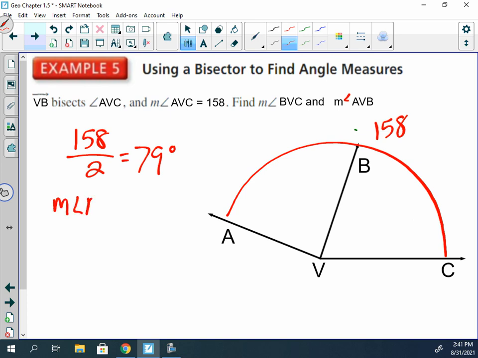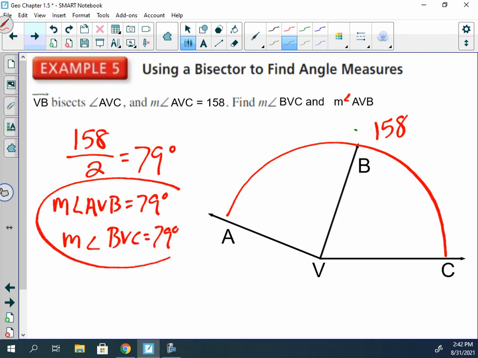So the measure of angle AVB is 79. The measure of angle BVC is 79, and that's it. You're good.